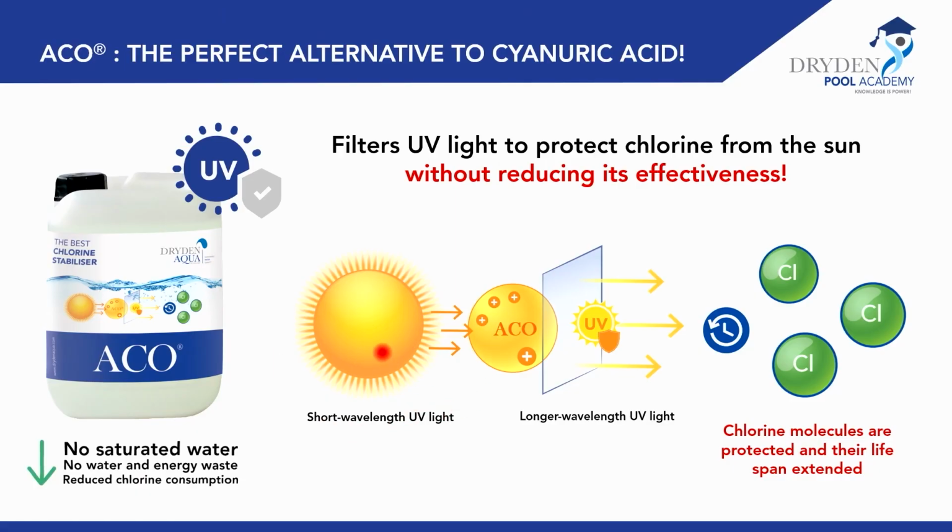Keep in mind that ACO does not react with the free chlorine. So we protect the free chlorine from breaking down, but it does not bond with the ACO. So our free chlorine remains free. You have this short wavelength UV light, very aggressive for chlorine molecules, that you convert into longer wavelength UV light, which is a lot less aggressive for chlorine molecules.